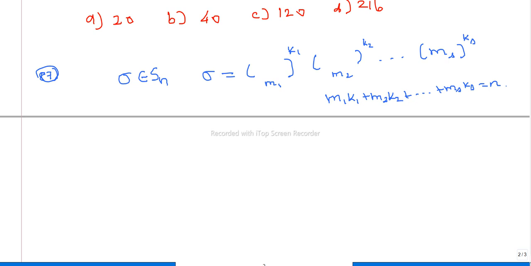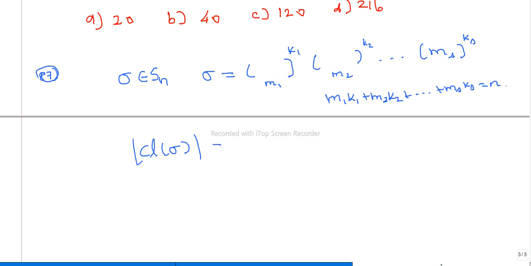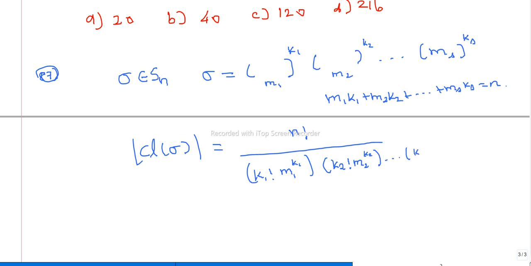Now the number of elements in CL of sigma, that is, the number of elements conjugate to sigma, is n factorial divided by k1 factorial times m1 power k1, into k2 factorial times m2 power k2, and so on, up to ks factorial times ms power ks.